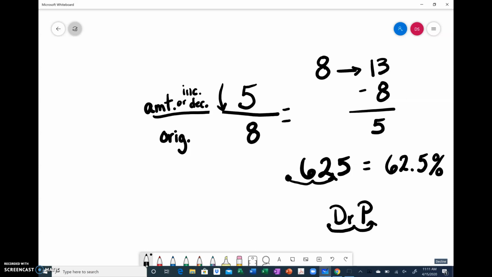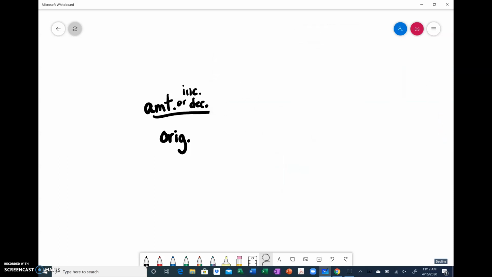All right. Let me clear this one off and we'll do another one. Okay, example 2 is finding a percent of decrease. So, the question says, what's the percent of decrease from 49, so that's our original amount, to 35.